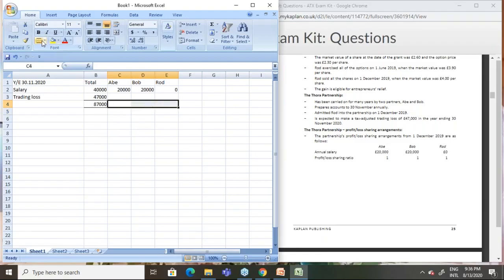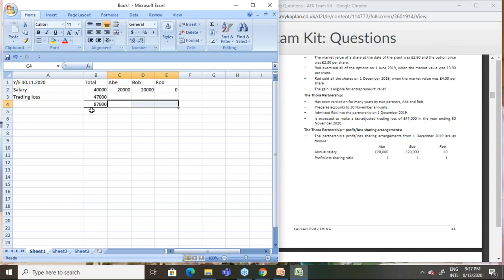Now this 87,000 loss, you have to share between the three partners according to the profit sharing ratio. So you have a 47,000 loss. On top of that, you have to pay salaries of 40,000 to two partners. Then the loss is going to increase. You already have a loss of 47,000, and in addition to that, you have to pay salaries to the partners, so your loss is going to increase by another 40,000.